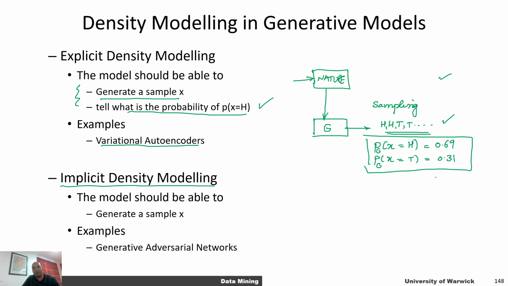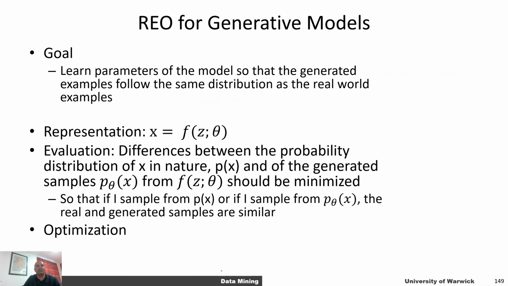So the generative process G does not have an explicit model of the probability density, so it is not able to produce these values, but it can produce samples for you that would follow the same probability distribution as being used in nature. Generative adversarial networks are essentially a way of doing this. They can generate samples, but they cannot typically tell you how likely a particular sample is to be observed in nature. Okay, so that is the goal of these.